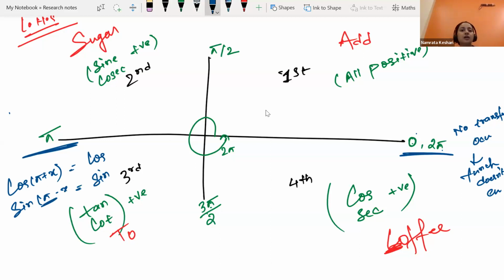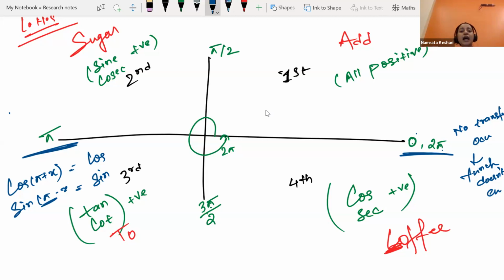Later on we will talk about whether it will be negative sine, negative cos or what, but the function will not change. Sine will remain sine, cos will remain cos. When we have pi minus x, pi plus x, 2 pi minus x, 2 pi plus x, like that, the function will not change.